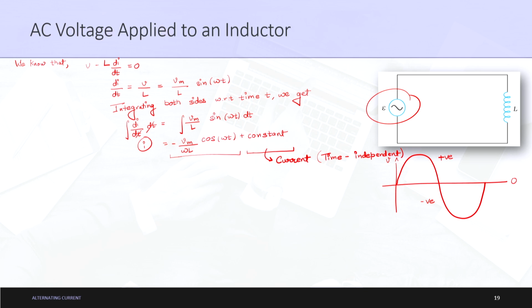So this was the first concept I needed to explain to you. Now, because this is occurring, we can say that there is no constant or time independent component of the current existing. What does it mean? It means that this constant has to be 0 only. This is the only concept I was trying to explain to you.